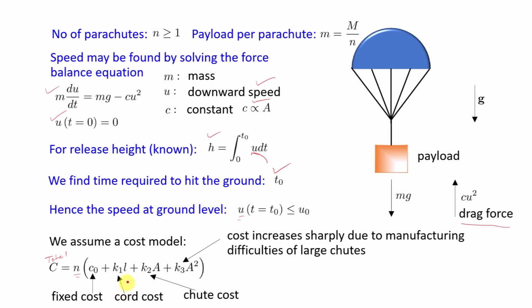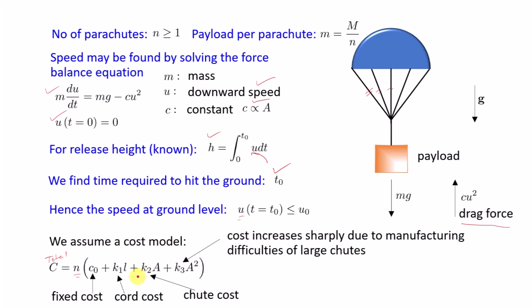Then the chords that we have here, we have to take care of those chords. So some constant multiplied by the chord length. Then the chute costs, that means this canopy that we have in the parachute, that should be some constant multiplied by the area. And then if I want to make a large parachute, then I have to add additional cost.